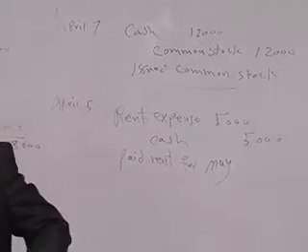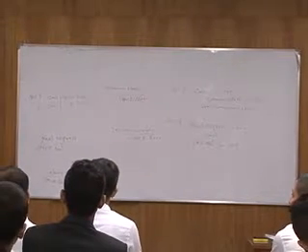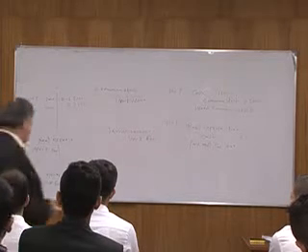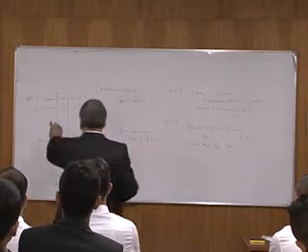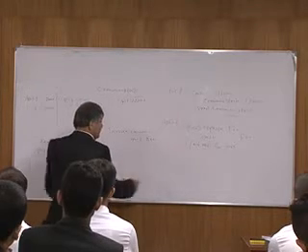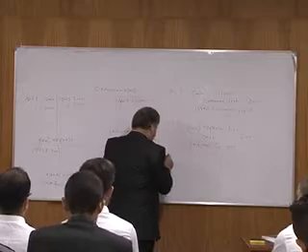What is the third entry? And what is the date of the third entry? The date here, April 8. Debit cash, how much? 8,000.